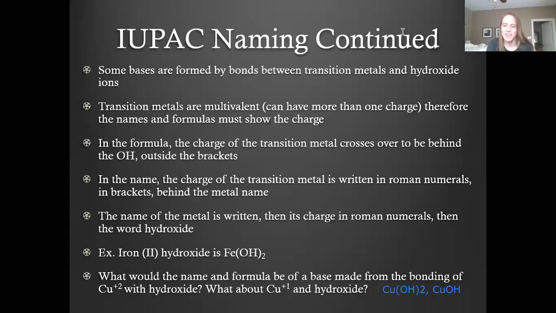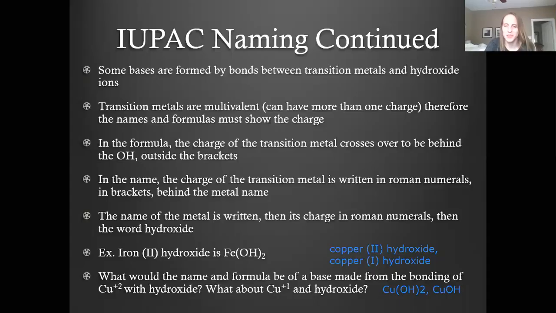The name for the first one would be copper (II) hydroxide, and this one would be copper (I) hydroxide. Even though it has a charge of 1, when we're writing our Roman numerals, you still have to include it. Because copper is a transition metal, we have to show its charge.